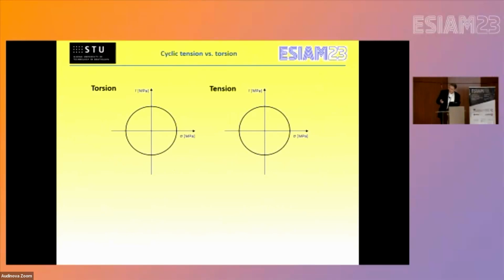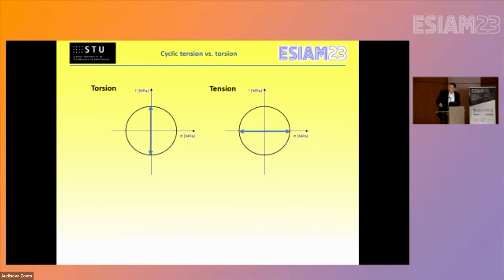Also, it's possible to explain this on the Mohr circle. This is pure tension, pure torsion. If the amplitude is the same, the Mohr circle is the same, but the orientation is different, depending on what we control. In torsion, this is the controlling process of stress; in tension, this is the orientation of the controlling process.